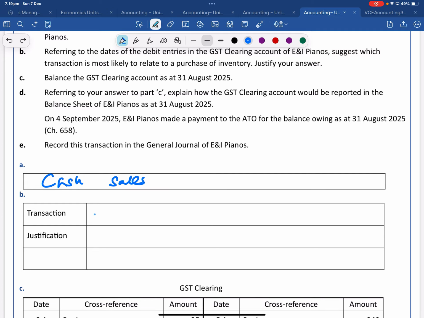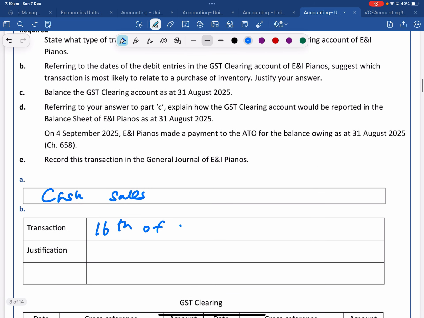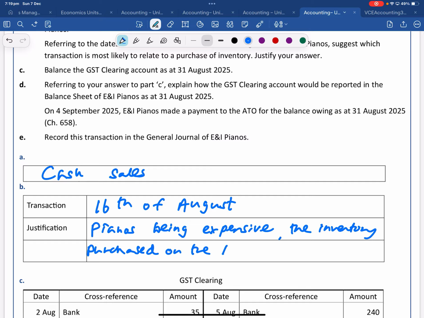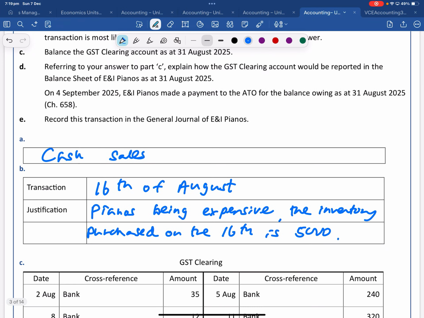Transaction 16th of August. Sorry? 500. 5,000.